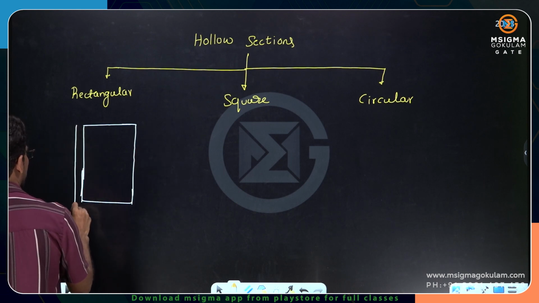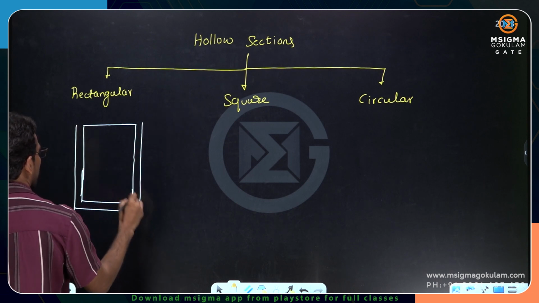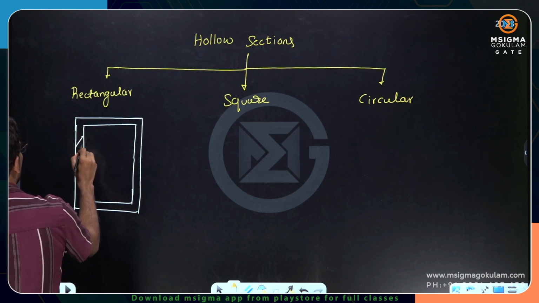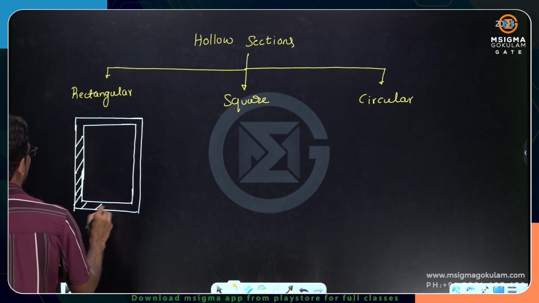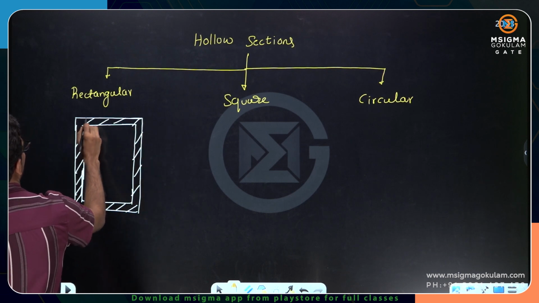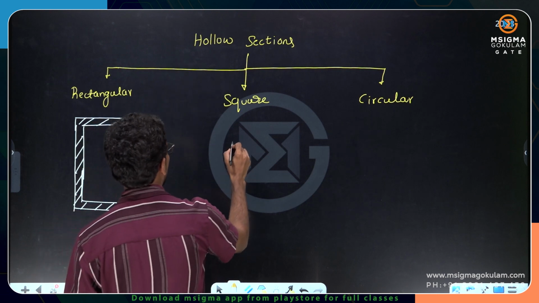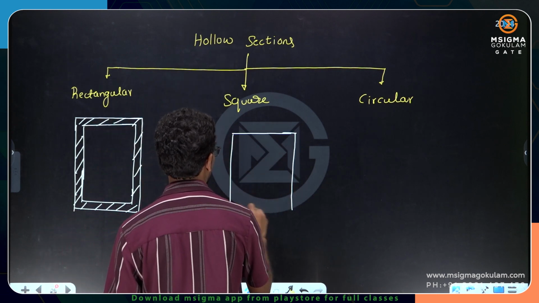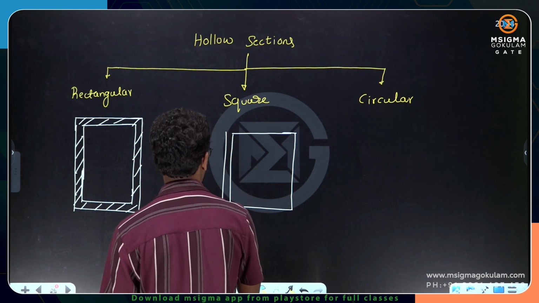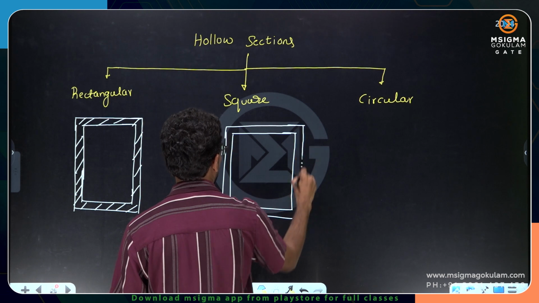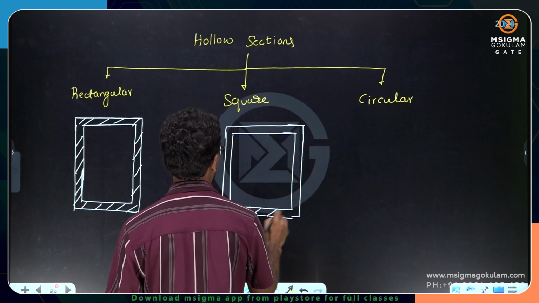So we have material only on the periphery, like this. And we have square hollow section. This is the square hollow section.